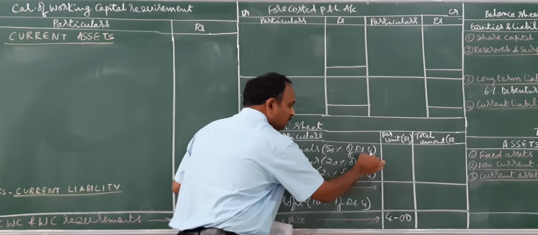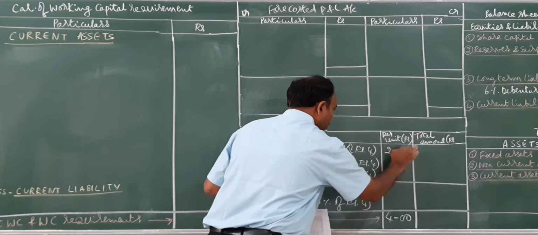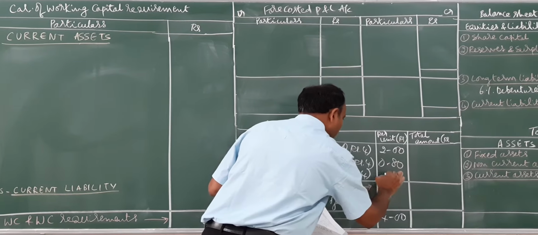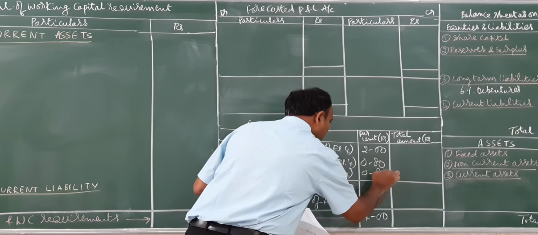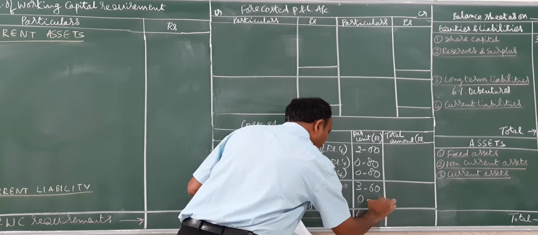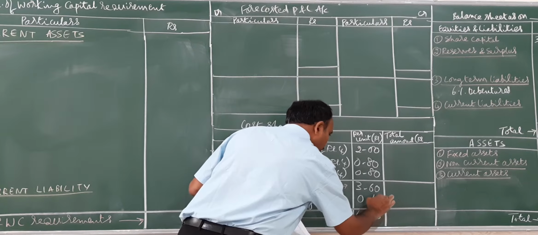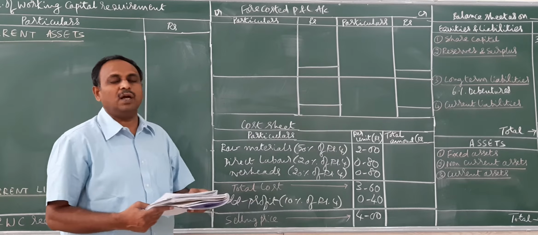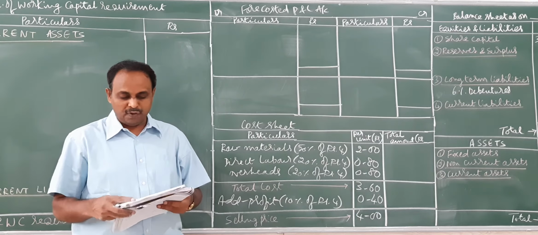So 50% of 4 rupees is 2 rupees. 20% of 4 rupees is 80 paisa, 80 paisa. 3 rupees 60 paisa. And 10% is 40 paisa. So 40% of 4. So we have completed the per unit information.